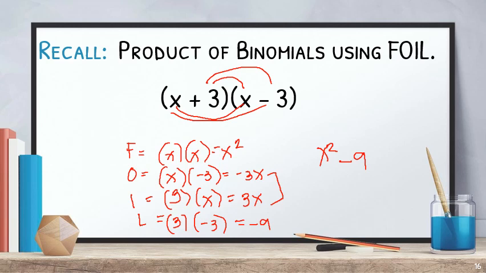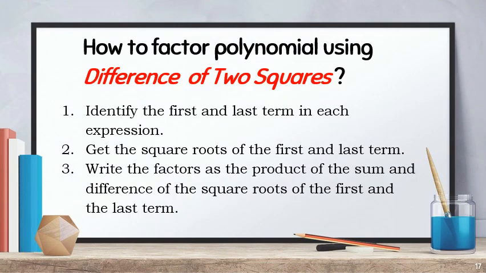At this time, we will reverse the process. You will be given the difference of two squares, and you need to find the factors of it. So how do we factor polynomials using difference of two squares?